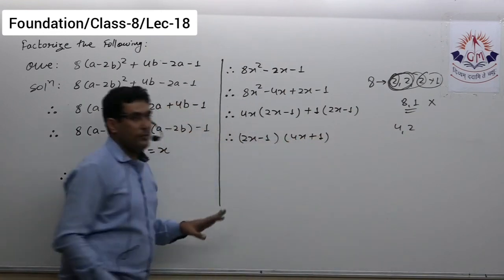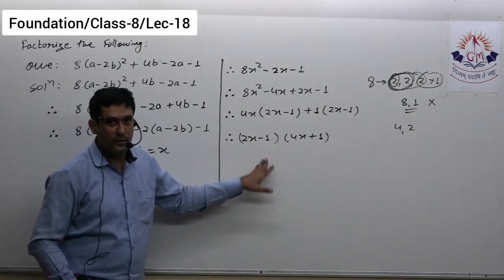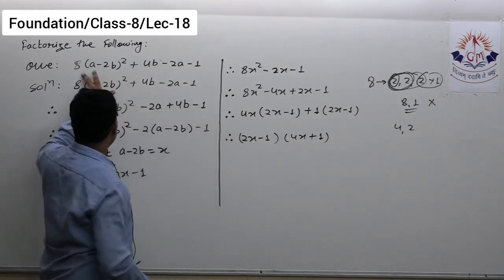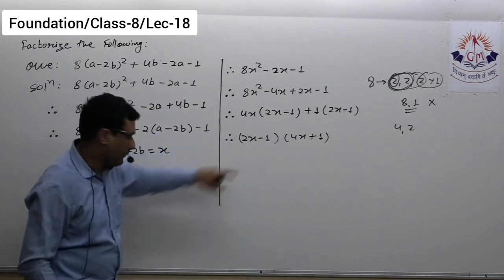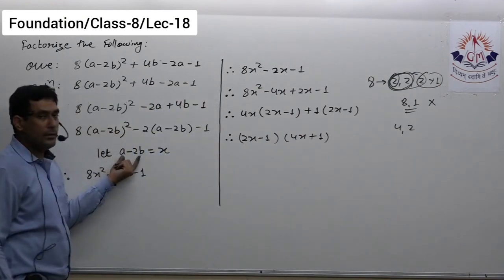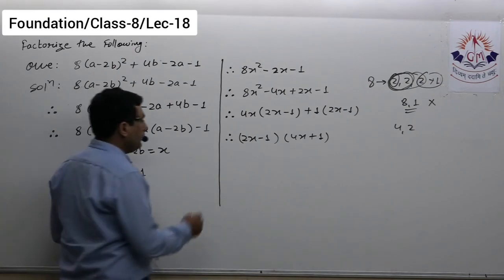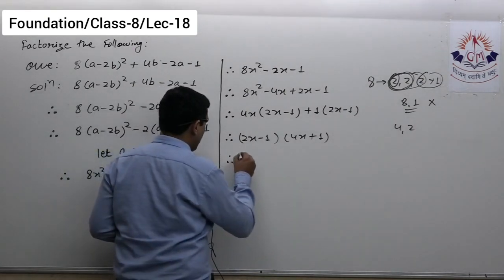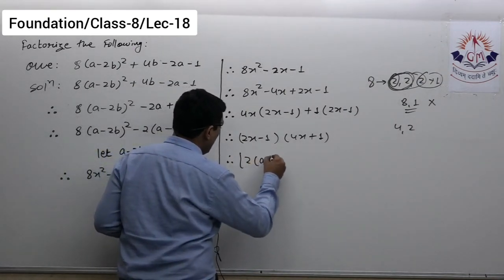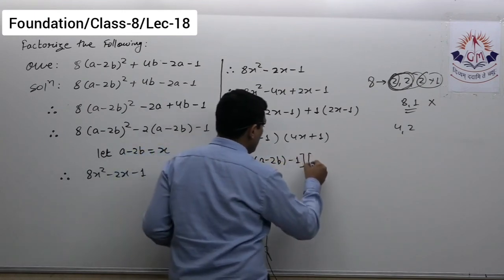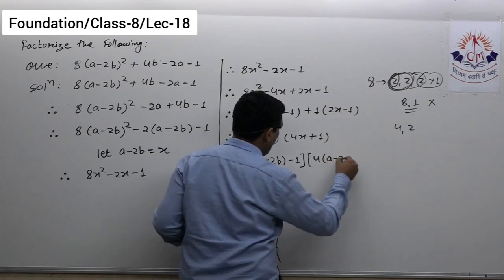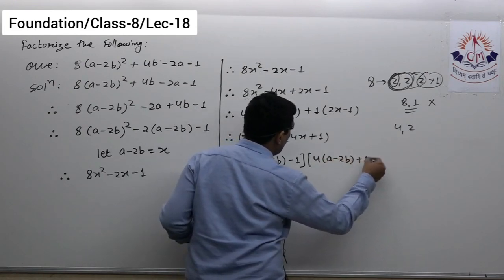So this is my final answer. No, this is not the final answer. Why? Because the expression that we have to factorize does not contain x. What is x? I assumed x as a minus 2b. So I put the value of x. So 2 into a minus 2b minus 1, and over here 4 into a minus 2b plus 1.